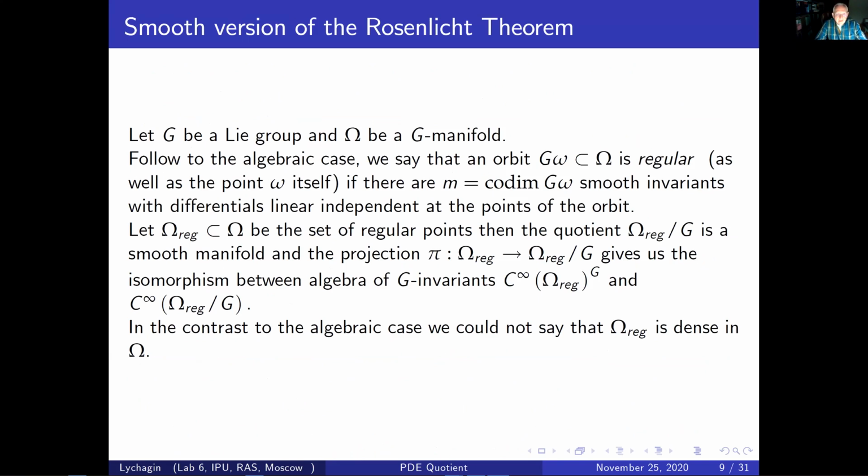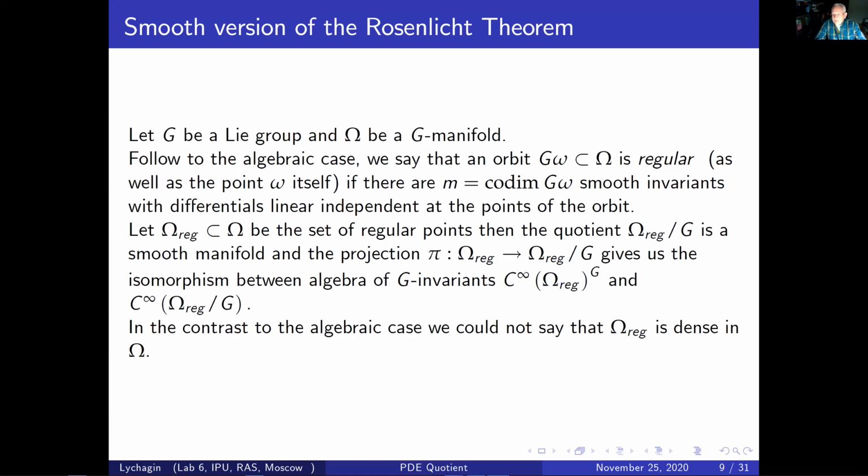Okay, and now just some comments on this. If you analyze what I said, it's not important that we have an algebraic manifold. We can take, say, a smooth manifold, really not always smooth, but say a smooth manifold. Then we can repeat our definition of regularity by a requirement that there are the necessary number of invariants that will serve as local coordinates in the quotient.